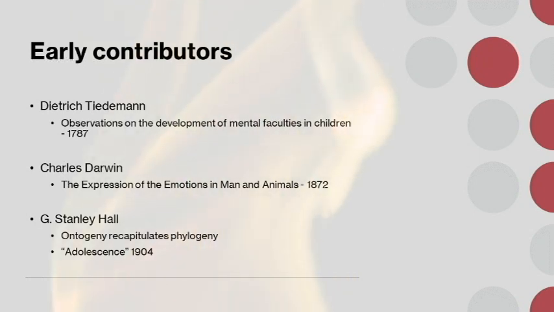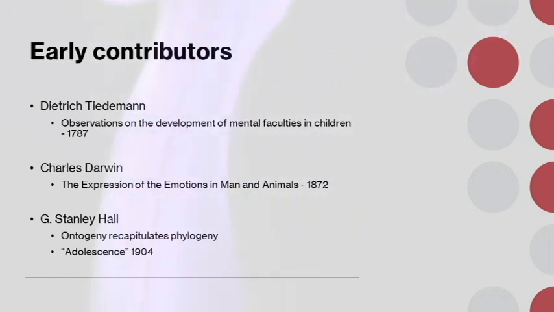And Tiedemann's observations, basically they were baby diaries, laid the groundwork for the scientific study of child development, emphasizing the importance of systematic observations and documentation in understanding the early stages of human cognition.